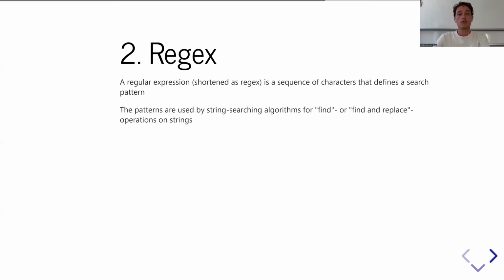For example, the string searching algorithm that we used in the last video to find and replace operations on strings. So in the last video, in the regex example that you saw, we found the number in a string.